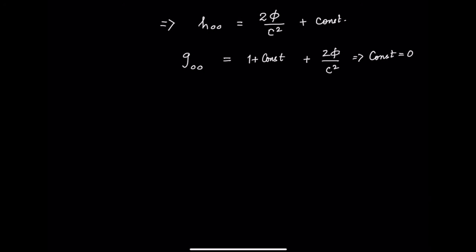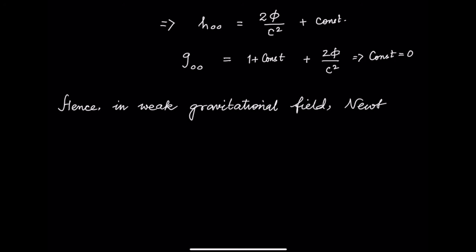And there you get that in case of a weak gravitational field, if I compare both of these, let me write it here clearly: in a weak gravitational field, the Newtonian limit, g00 is 1 plus 2 phi by c squared.